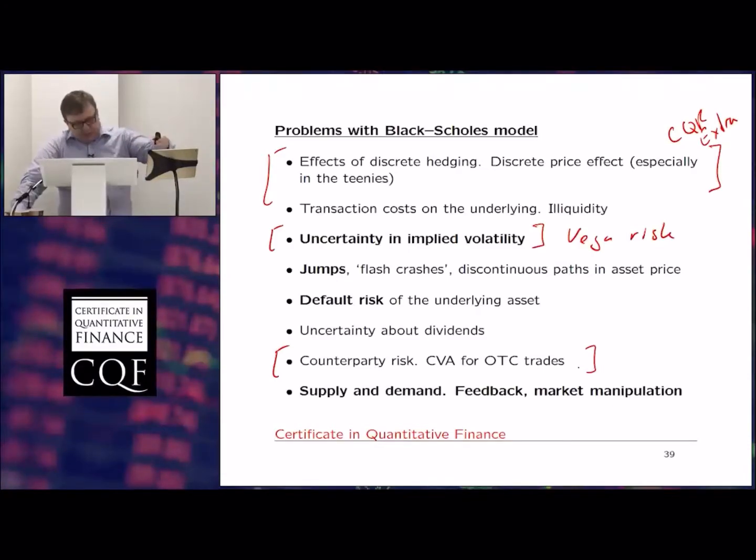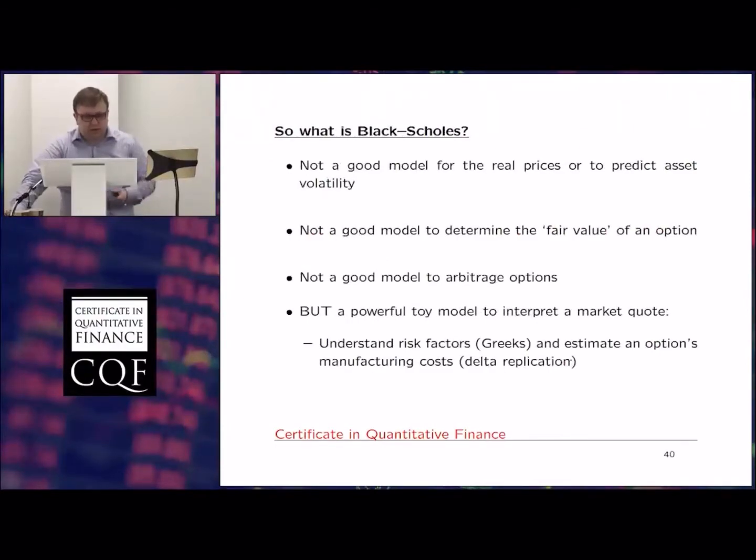So it's an additional price on the option, because capital costs the overnight rate. It's small, but it's non-negligible. So in that sense, there's a lot of talk about fair value, but there is no fair value for the quoted option. And Black-Scholes is not a model that tells you anything about the future, because implied vol is not a forward vol.